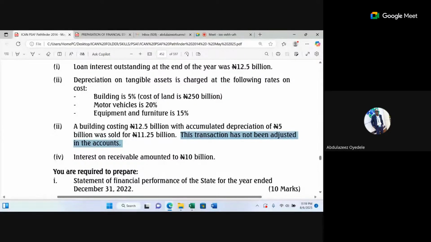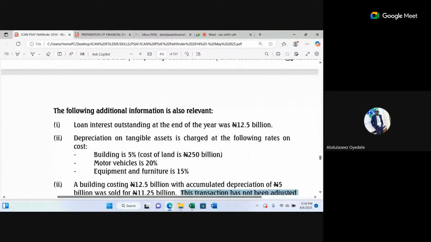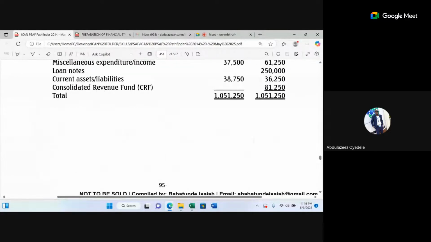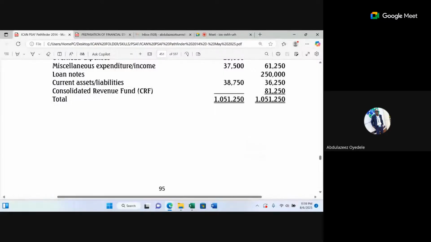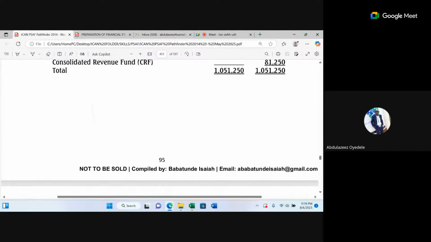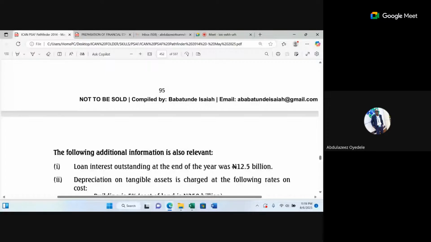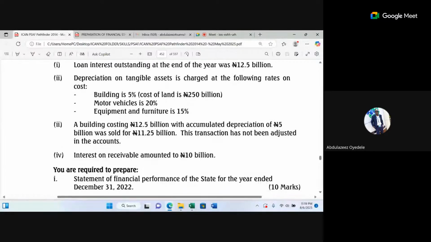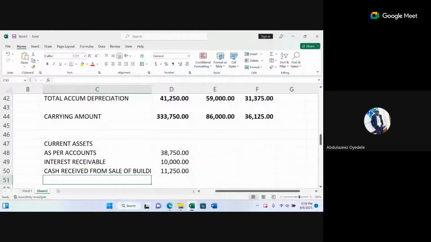So what it means is that 11.25 billion was not added to the cash or bank balance that formed that 38.750 billion of current assets. So what we need to do is to go and add that cash amount now that we want to record the proper thing. So we add it to the current assets that we were given earlier in the account.